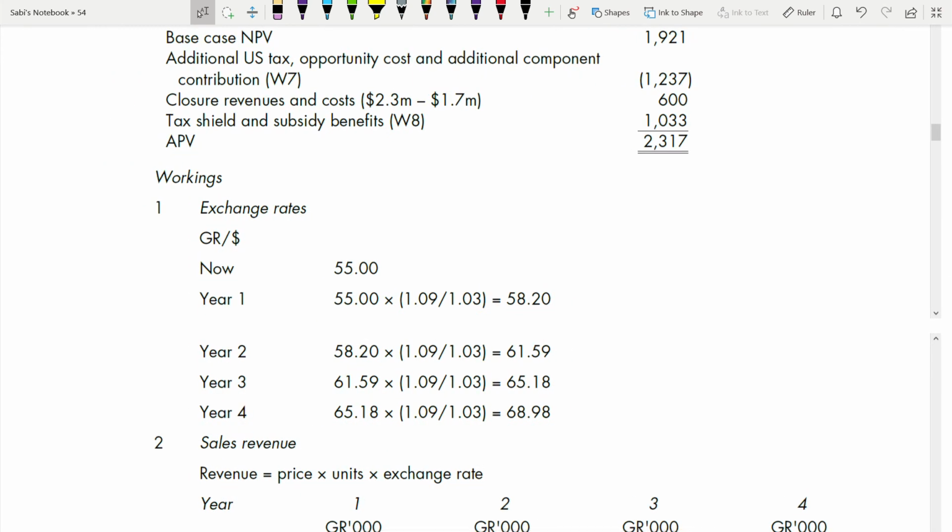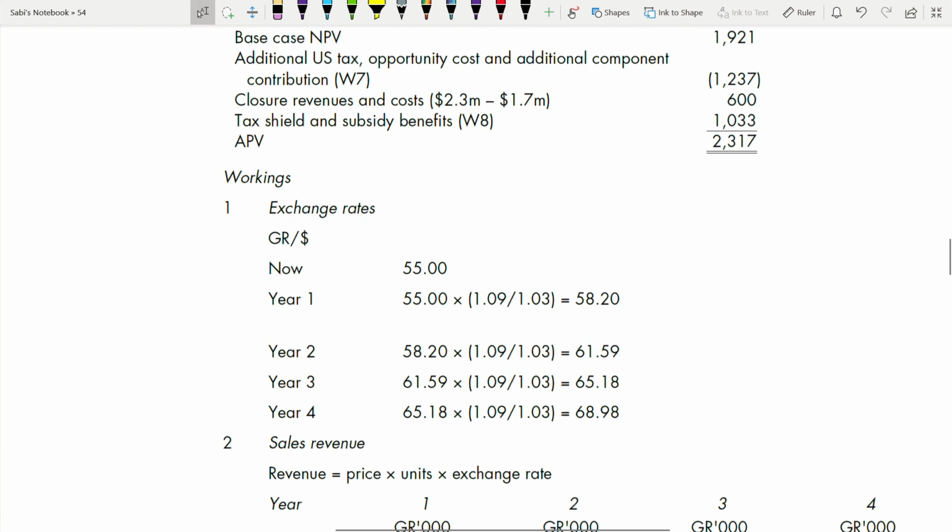So now we are going to work out the exchange rate. How are we going to do it? What is the exchange rate now? The exchange rate is given as 55, which is for year 0. Using that, you continue every year up to year 4. Now, how are you going to calculate? You are given the exchange rate for year 0 and the inflation rates of the two countries.